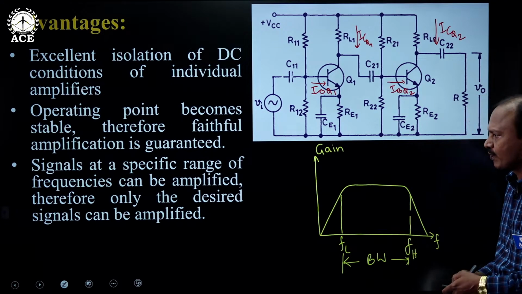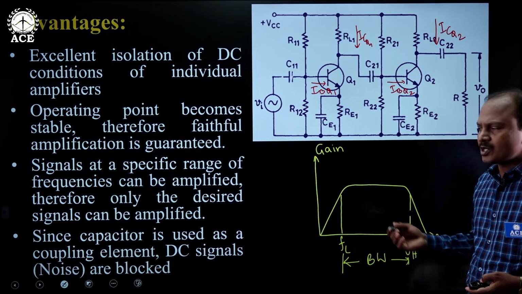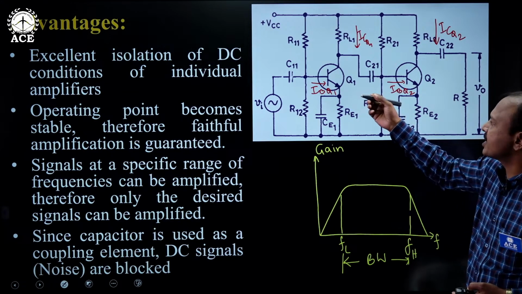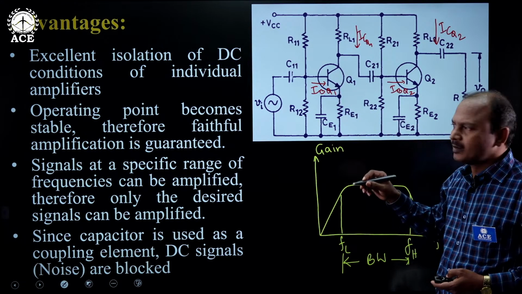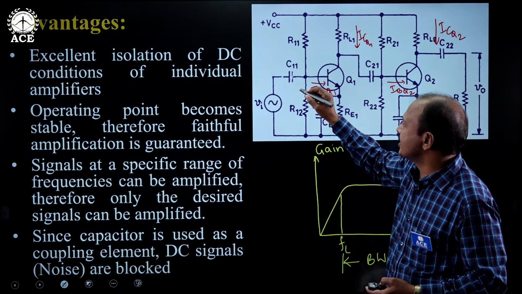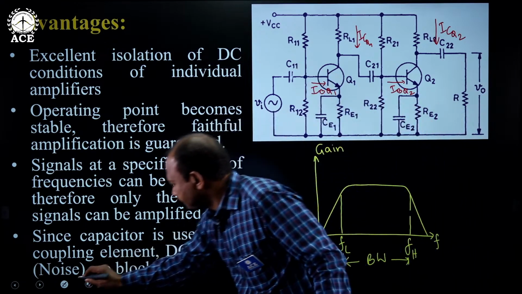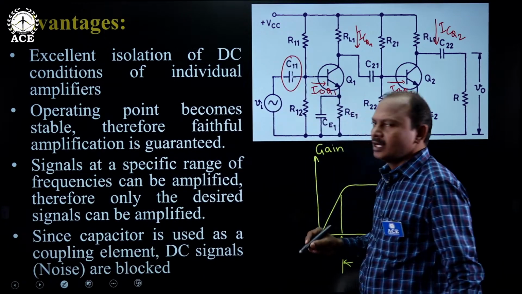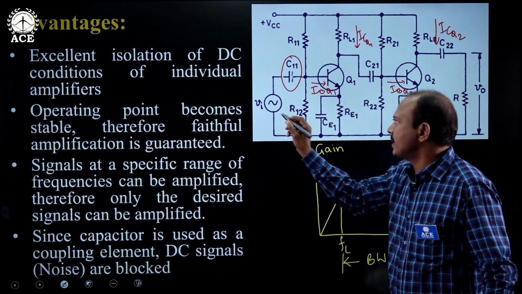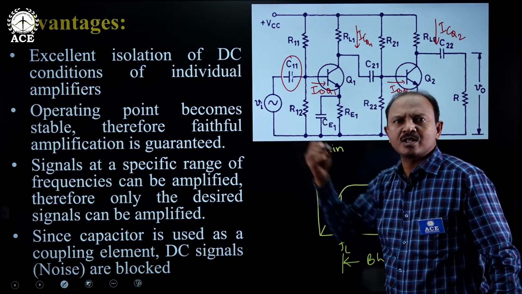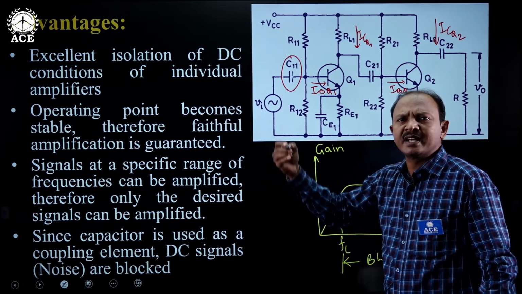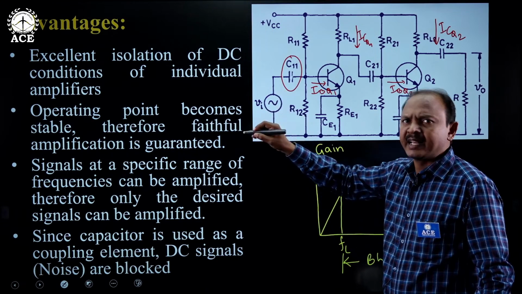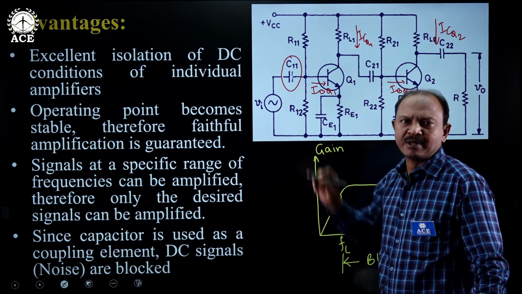That's an advantage. Then, of course, since capacitor is used as coupling element, if you look at the input stage here, this blocking capacitor I am talking about. In case, for example, when this input signal is arriving from a natural source, assume that some unwanted DC is being mixed with that and arrived at the input terminals of this amplifier.